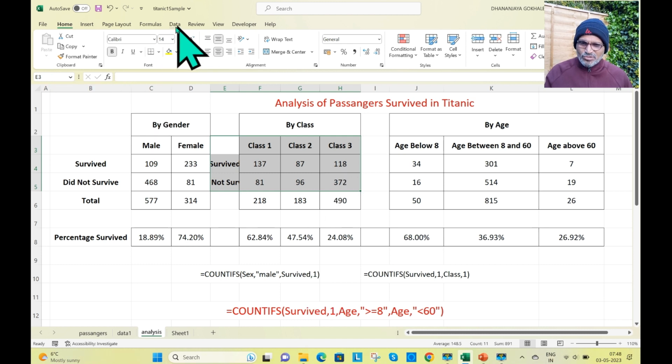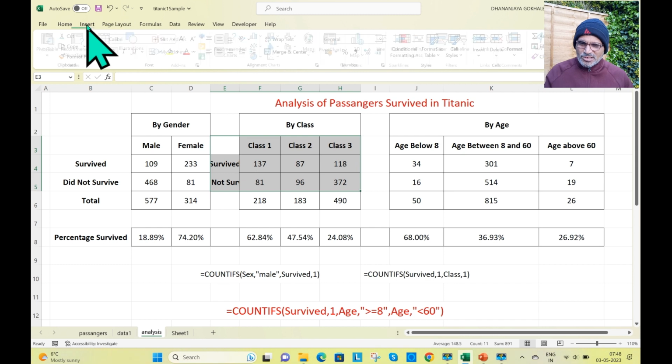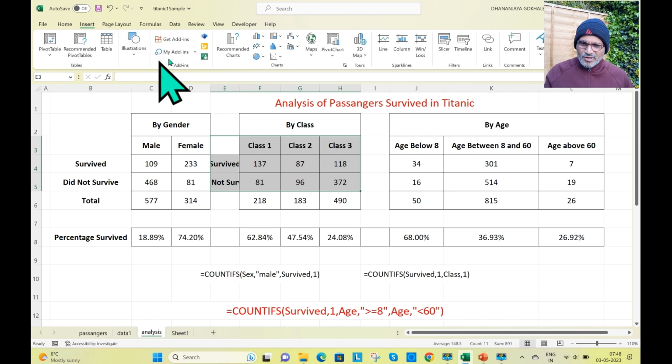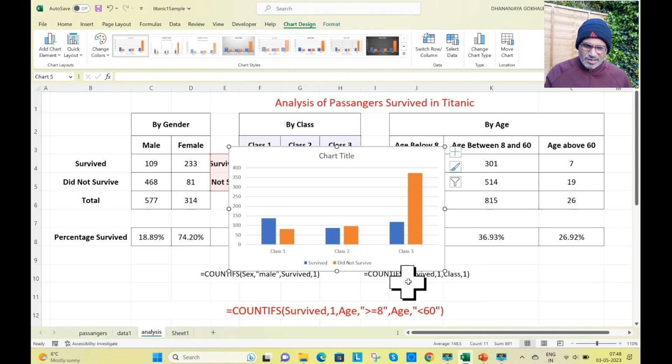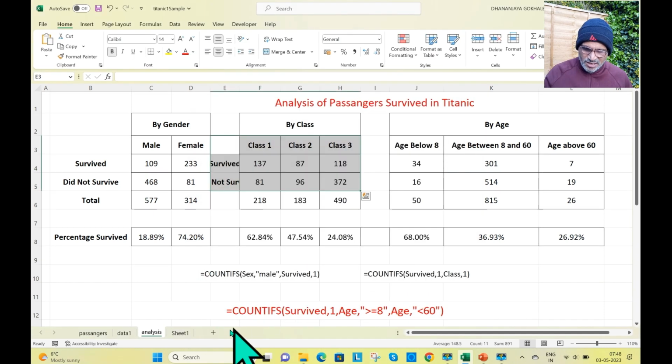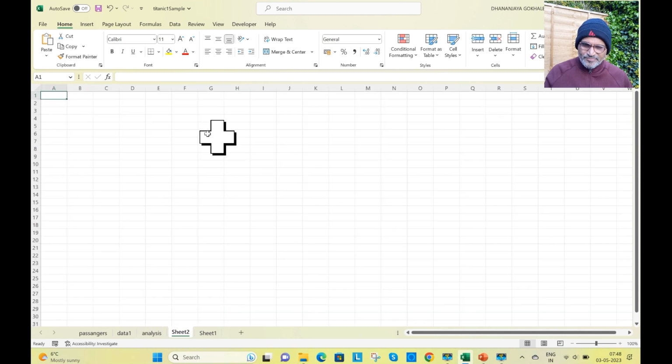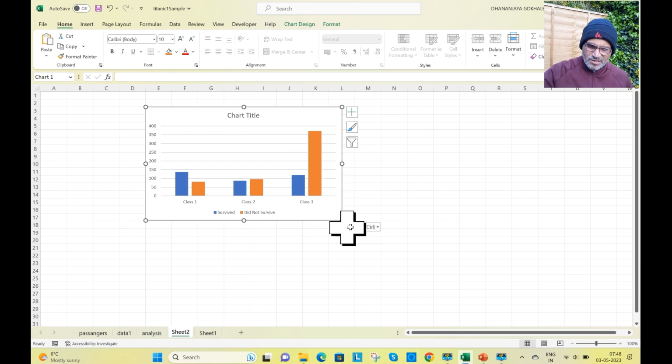And let's move on to insert and recommended charts. And we got a chart over here which looks good, and I'll just click, and I'm going to cut it and move on to a new sheet and paste it.